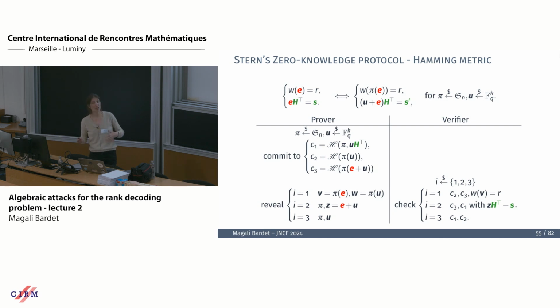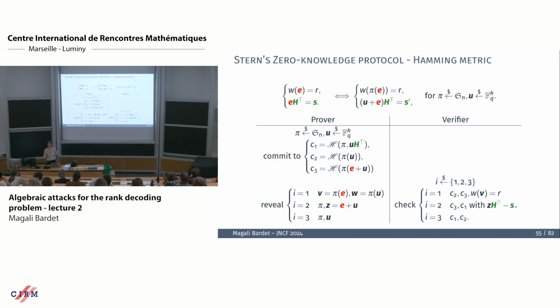And a hash function has the property that you cannot compute a pre-image of it. So it's cryptographically impossible to compute a pre-image. You send that to the verifier, and the verifier cannot recover all these values.